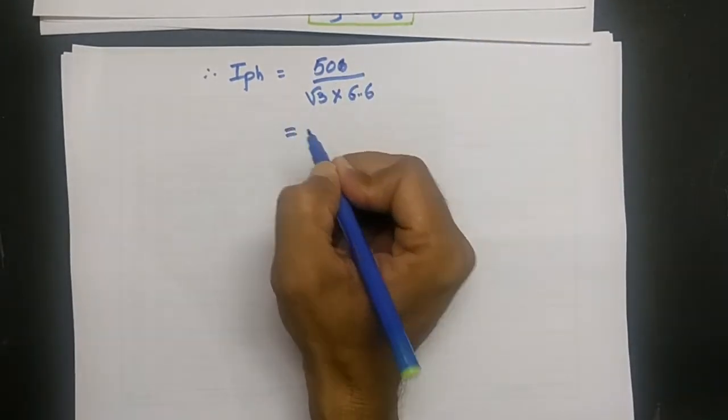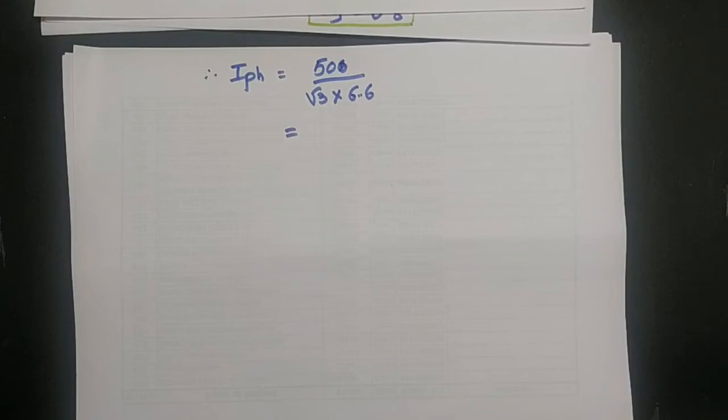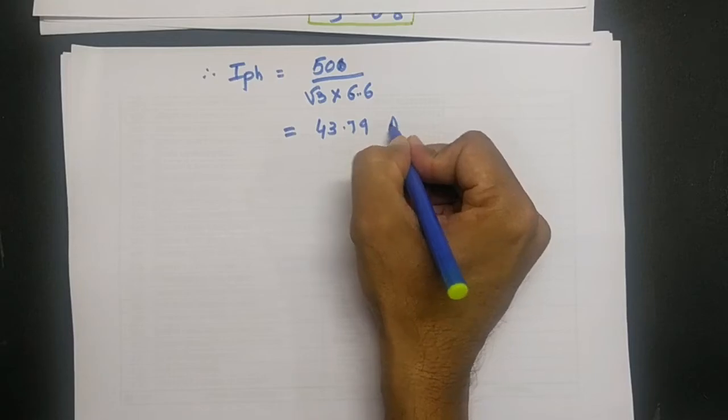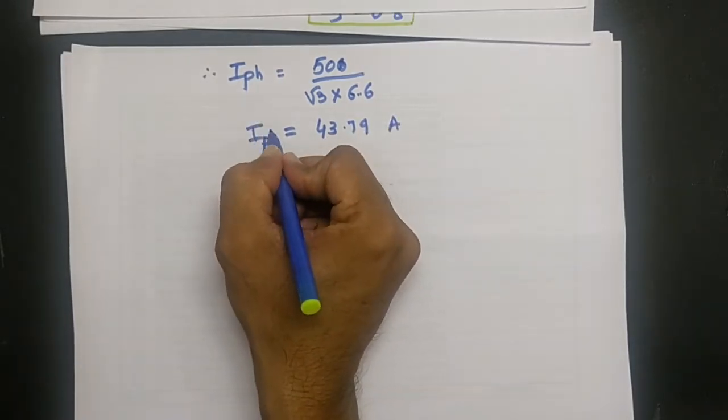So 500 divided by root 3 and divided by 6.6. So it comes to 43.79 ampere. This is I phase.